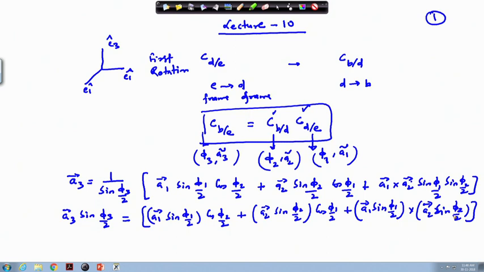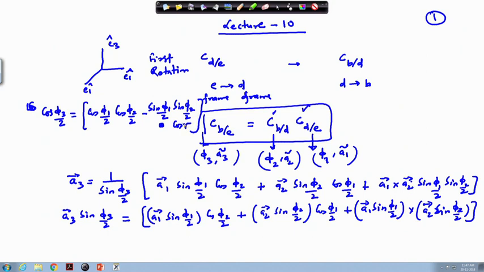We can write it in this format. And one more result that we have written was cos phi 3 by 2 equal to cos phi 1 by 2 cos phi 2 by 2 minus sin phi 1 by 2 sin phi 2 by 2 times, this is not a cross product, here this is cos gamma.